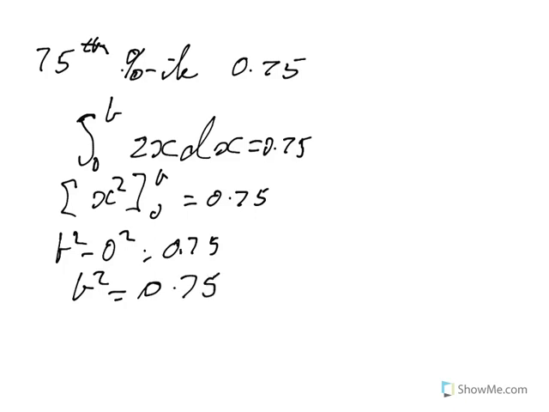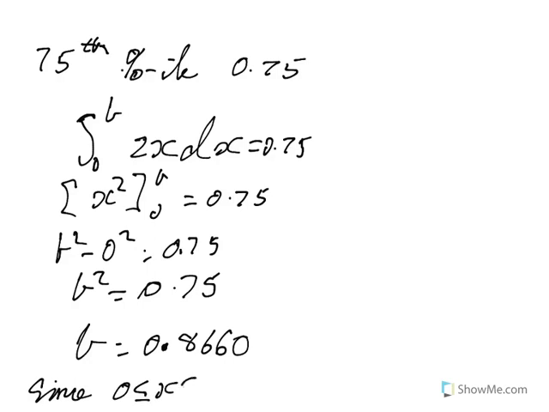Then when we square root that, B is 0.8660. Again, for the same reason as before, remember B is the x value. We're at 75% of the data, and we're between 0 and 1, so it's got to be the plus, not the minus, since 0 is less than or equal to x less than or equal to 1.